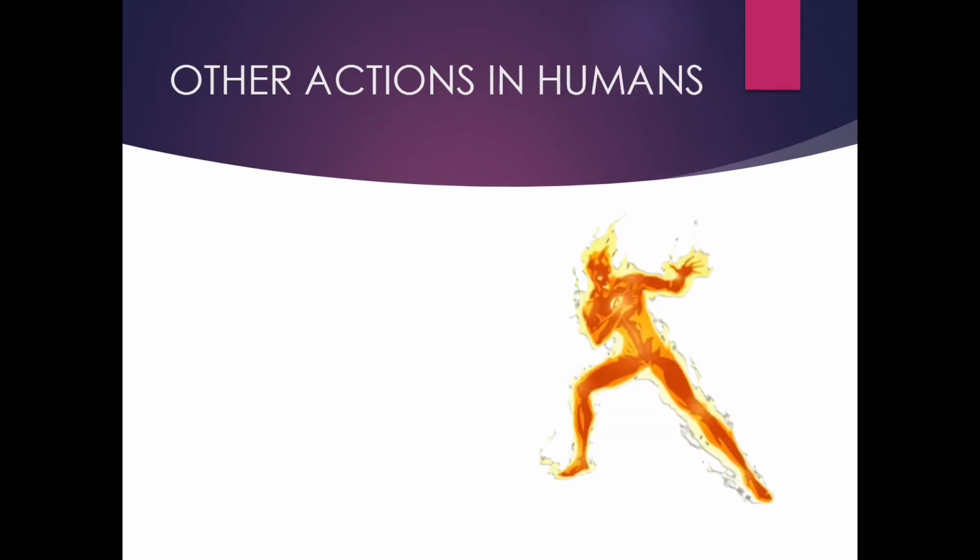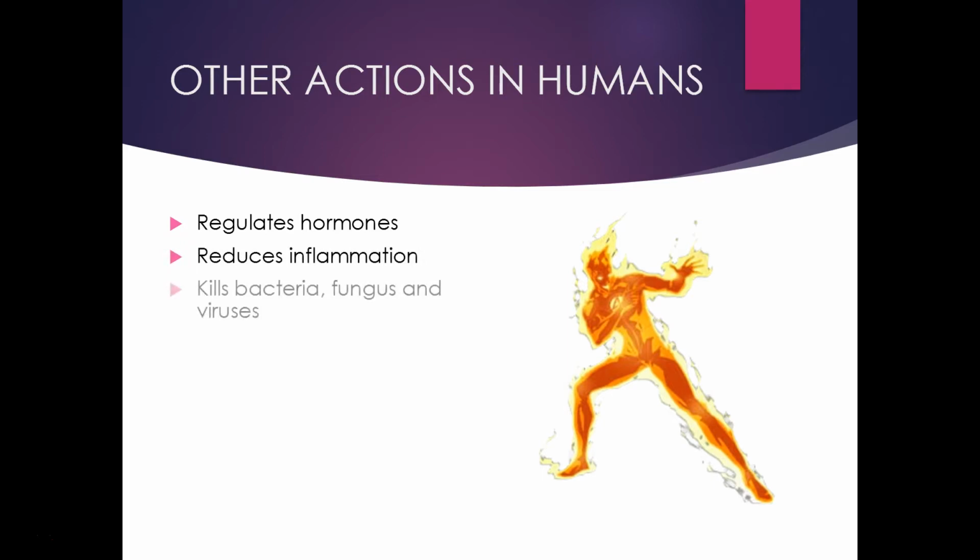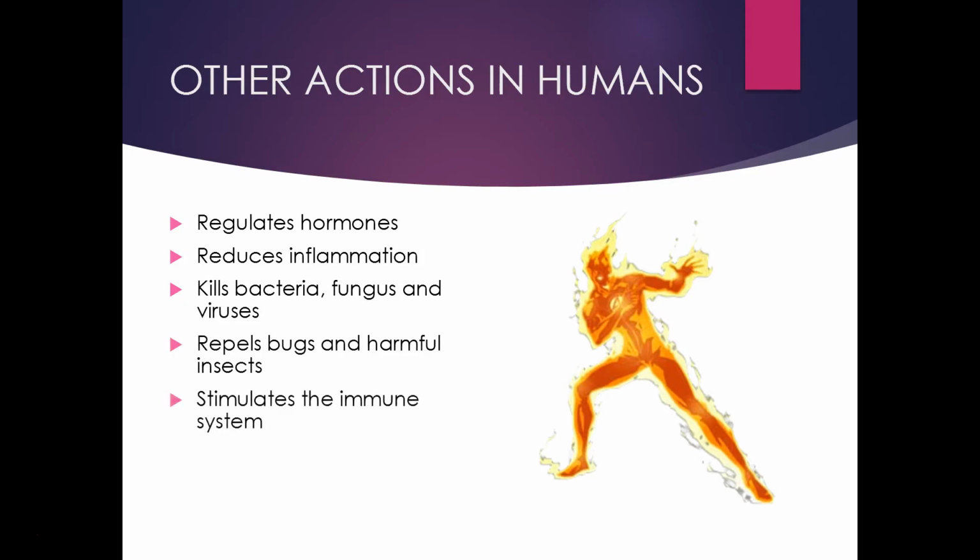And actions in humans: regulating hormones, balancing, reducing inflammation, perhaps of the nervous system or of the muscular system, or on the skin, killing bacteria, fungus and viruses and airborne bacteria as well, repelling bugs and harmful insects, stimulates the immune system, aids circulation, absolutely.